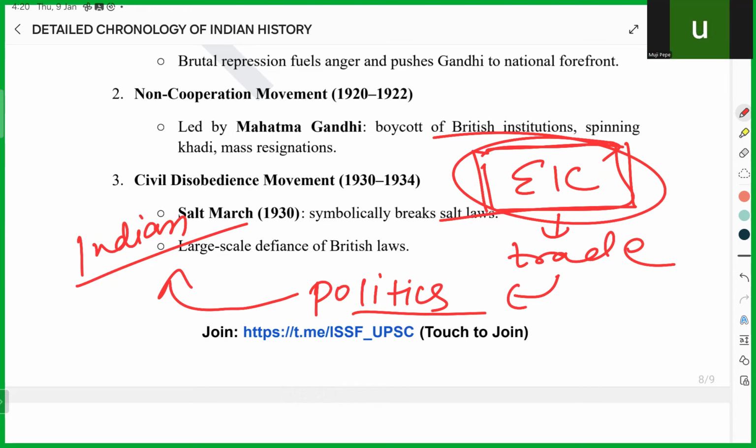They were removed and taken over by the British government, the British Empire or the Crown.